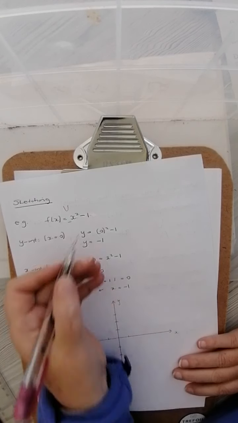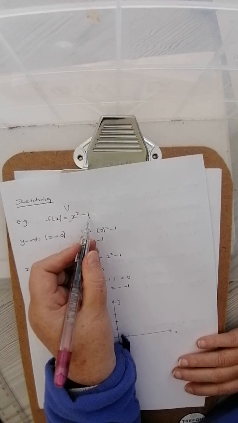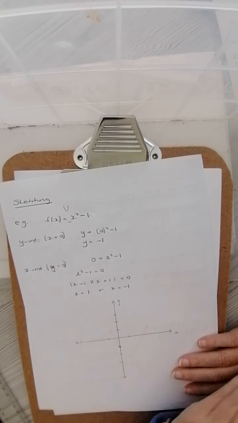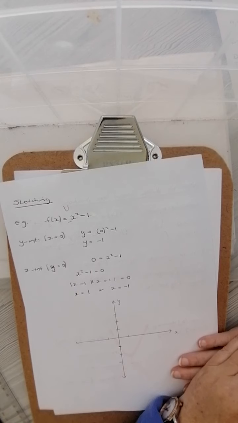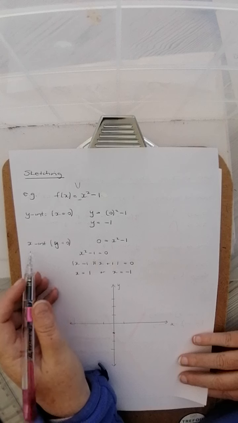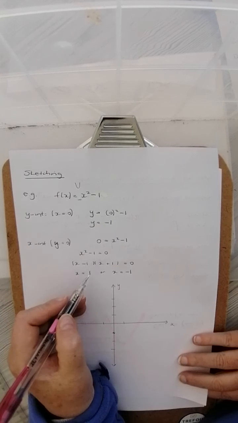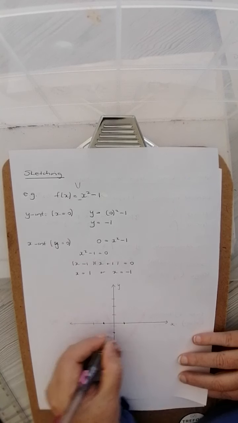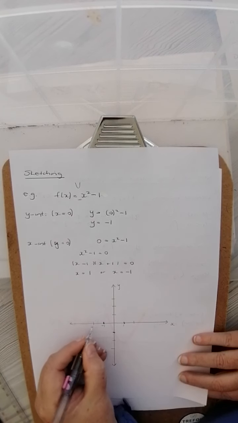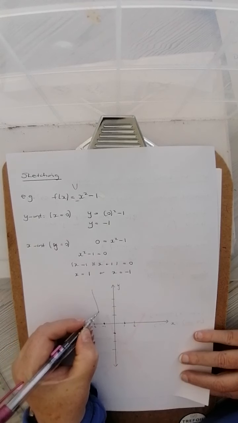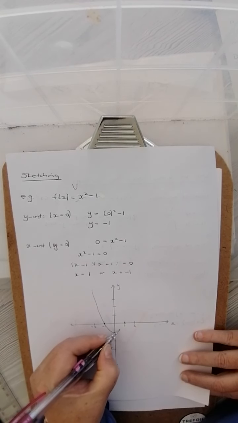What we also know is that it has moved down the axis by minus 1, so that's what we call the turning point. The x-intercepts are 1 and minus 1. Let's put 2 there. So that's 1, minus 1, minus 2, 2, and there's our parabola.